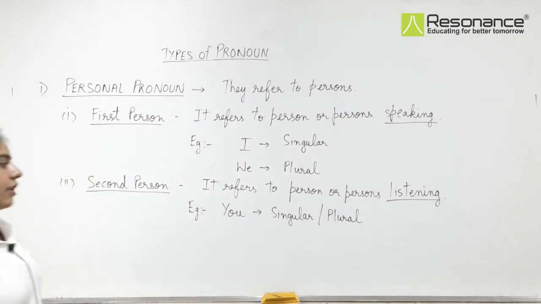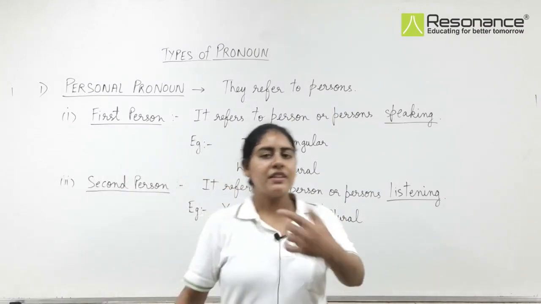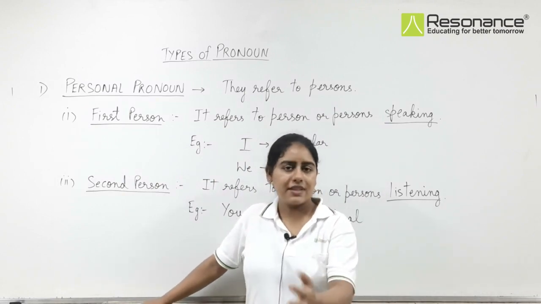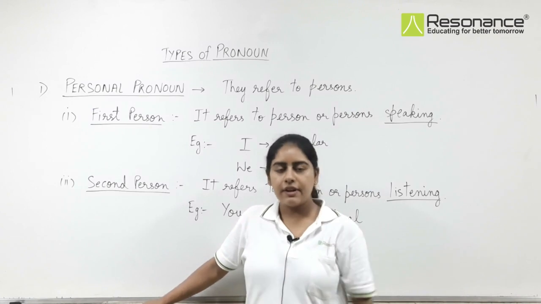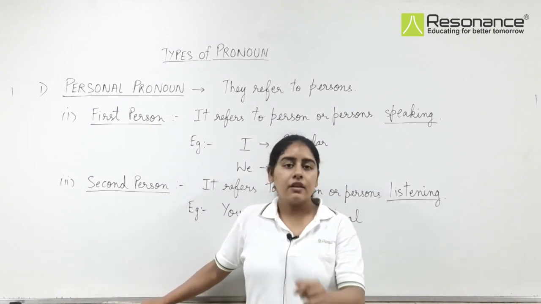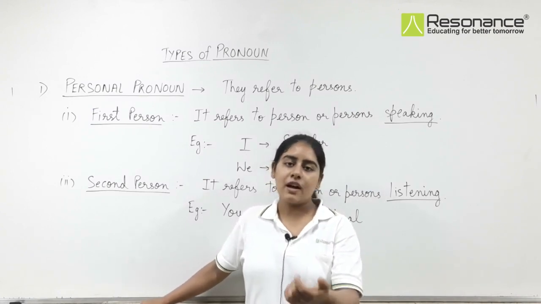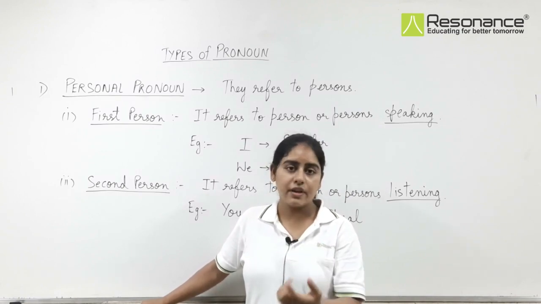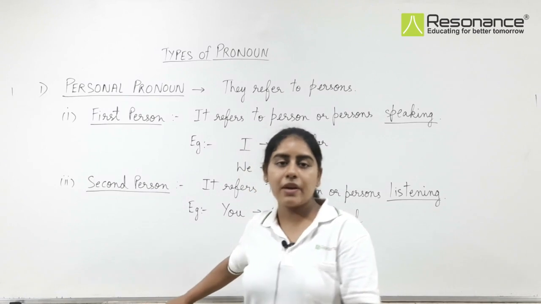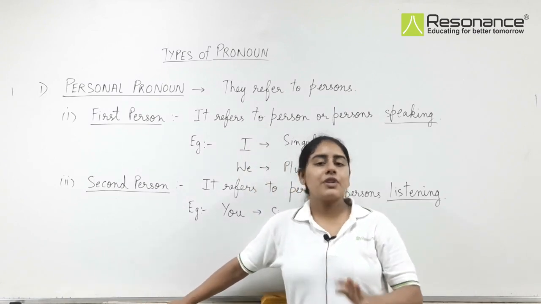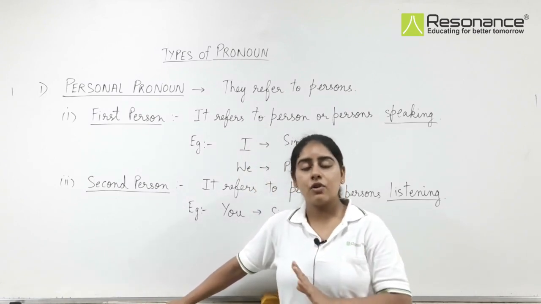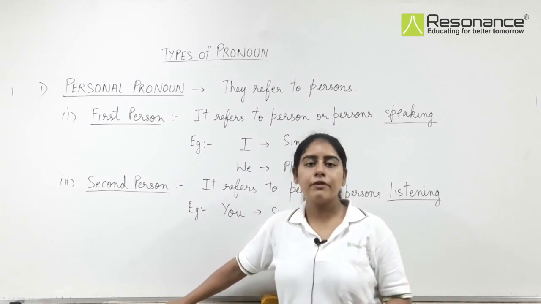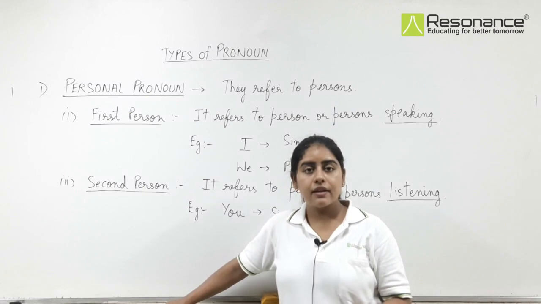For example, if I am talking to one student of the class, Aditi, I will say, Aditi, you have to give the answer to my question. I used you here. Now suppose I am not talking to Aditi, but addressing all of you. What will I say?